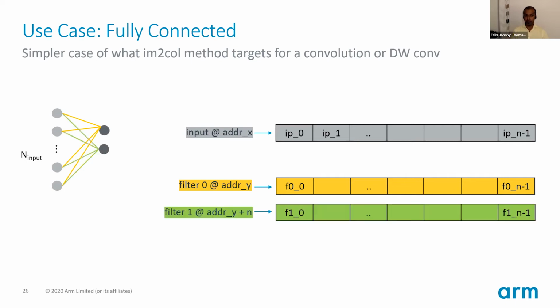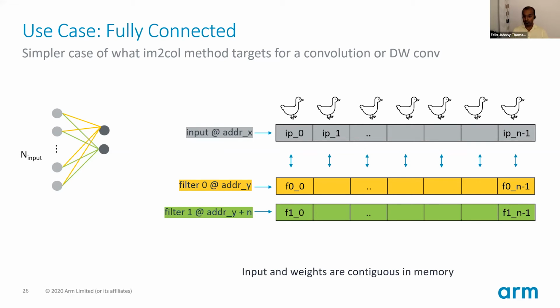Your second output is produced by a second set of n filter bytes, whose location follows right after the end of the first one. The takeaway here is that the input and weights are contiguous in memory, and the MAC operation that you do has a one-to-one mapping to the layout in memory. So no rearrangement of data is required, and you have your ducks in a row. That is one of the base optimization techniques that we try to come back to: having things perfectly lined up.